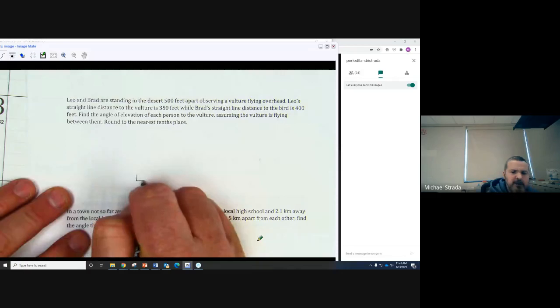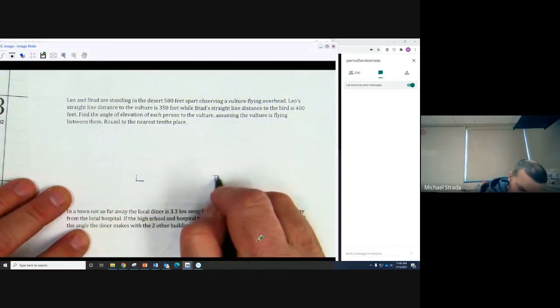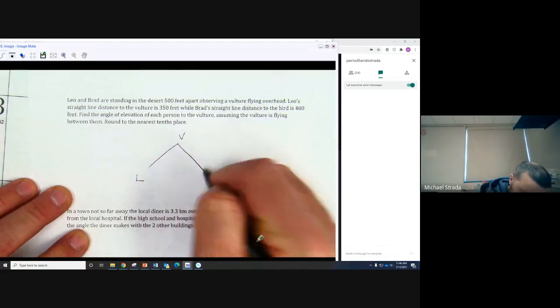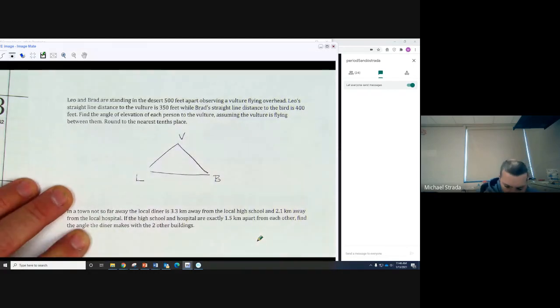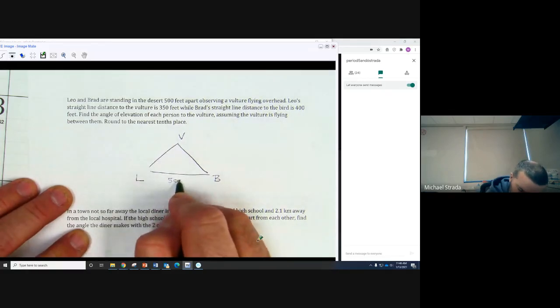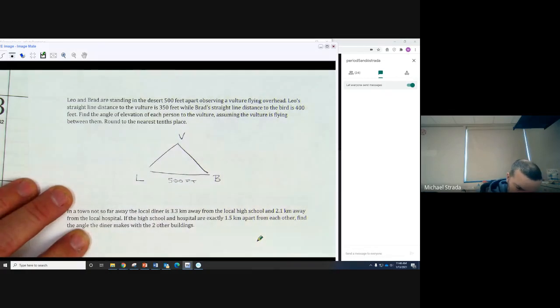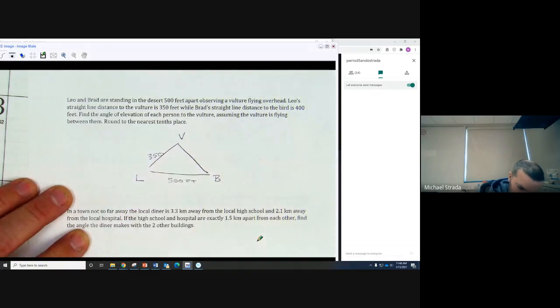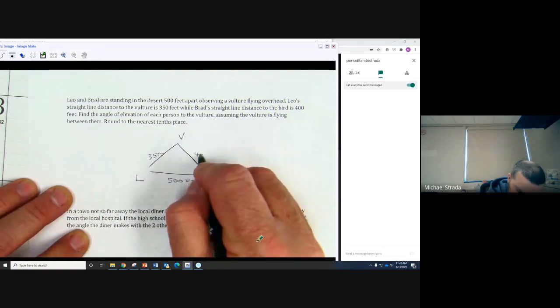So there's Leo, there's Brad, and there's the vulture. Makes a triangle. They tell us Leo and Brad are 500 feet apart. Says Leo's straight line distance is 350 feet. And then Brad's straight line distance is 400 feet.